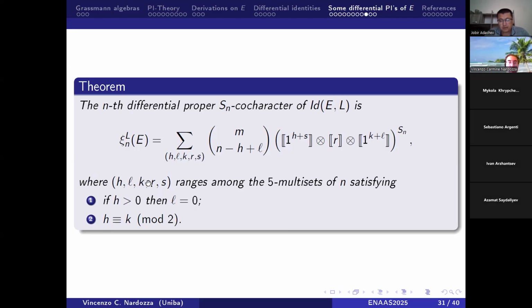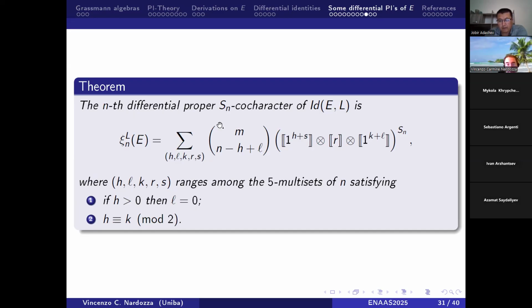That means that there is no order, but the sum of these elements has to be n, and satisfying the following requirements: if h is greater than 0, then l is 0 in this value, and h and k have to be congruent modulo 2.